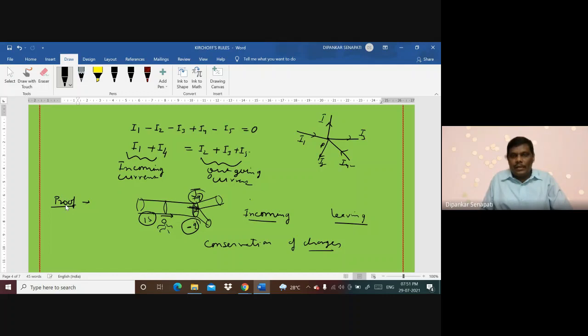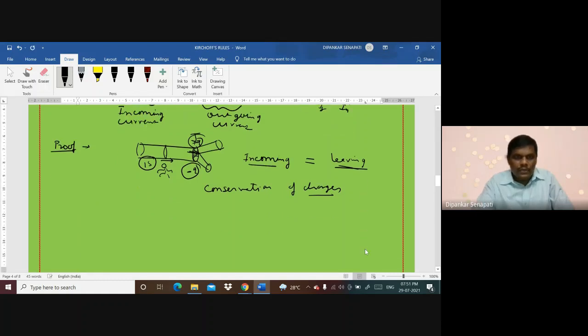Therefore, incoming current is always equal to current leaving the point. Incoming to the junction equals current leaving the junction. This simple law is taken as Kirchhoff's first rule.